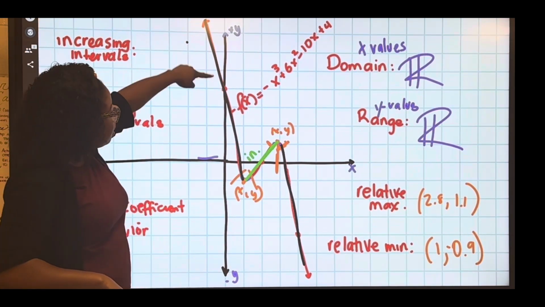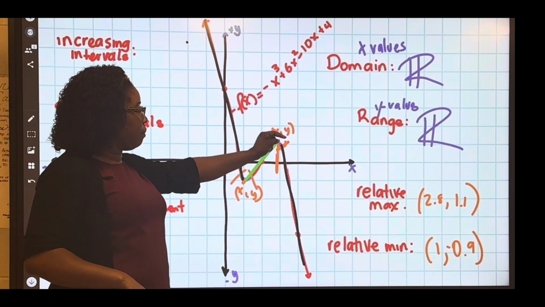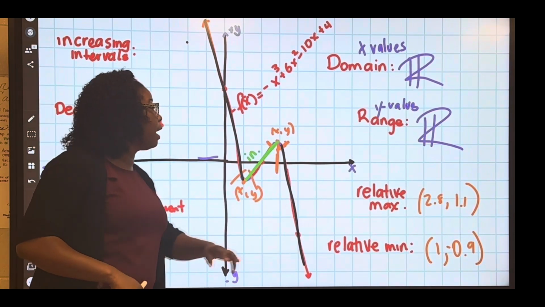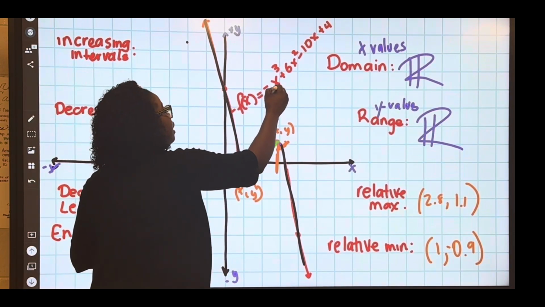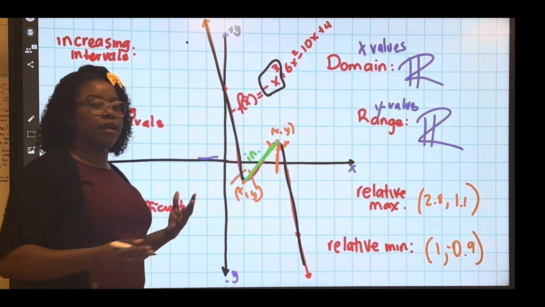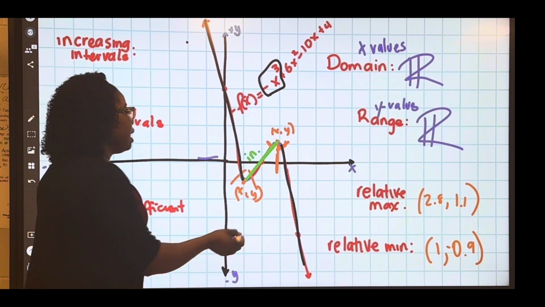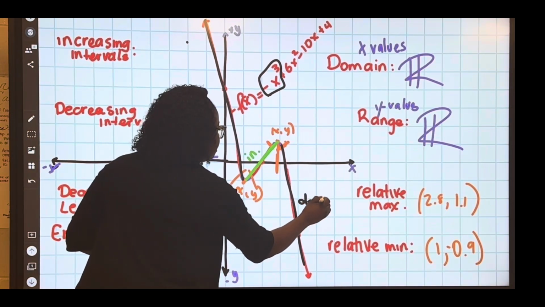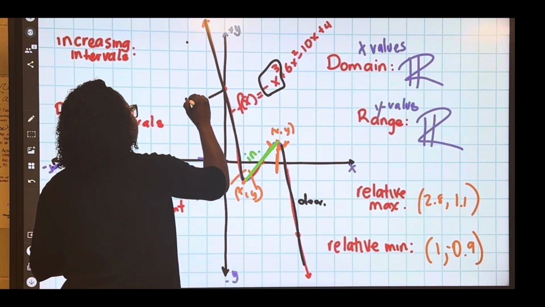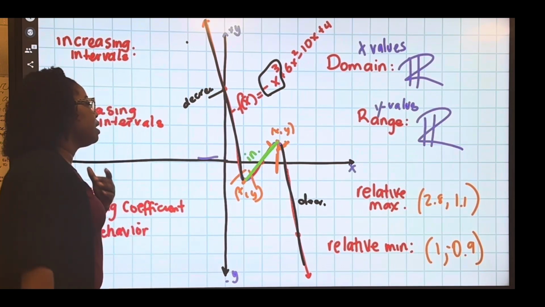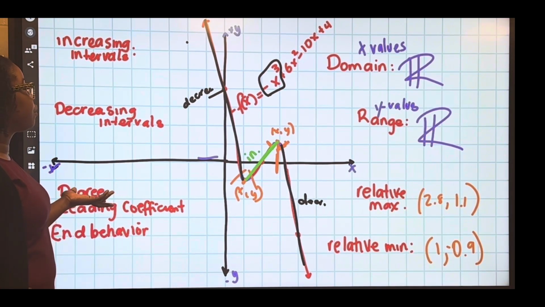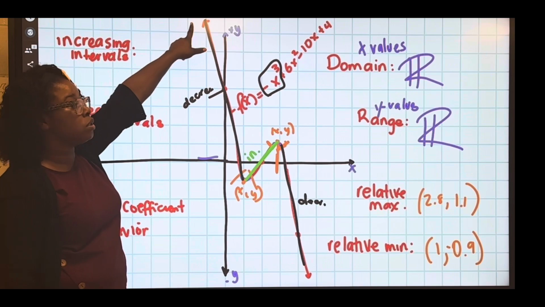So it's going to be trending down, it's going to climb, and it's going to go down again. All right? So your leading coefficient can always give an idea if it's going up or down as well, if you want to look at it like that. All right, so we say this is decreasing, and we say this black line here is also decreasing. So we tell the x values of where it's decreasing from. So this one here, you see, goes into infinity.